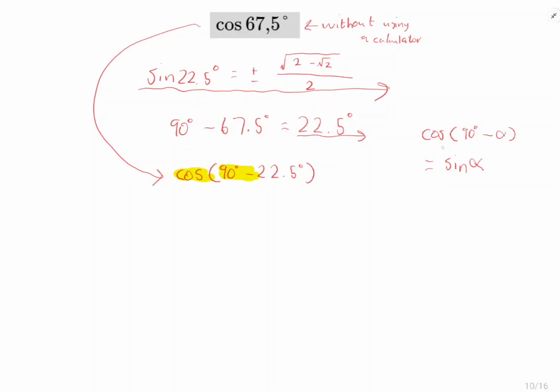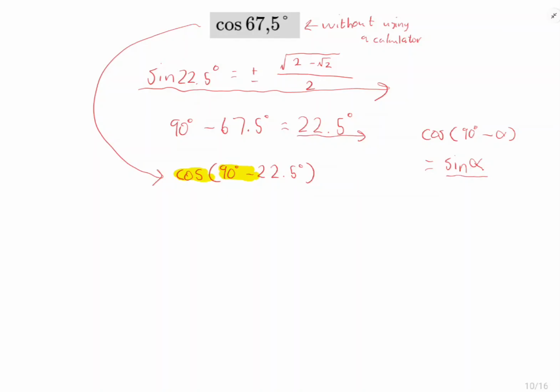It's essentially a reduction, but the cofunction type of reduction. I really hope you guys know your cofunctions. Otherwise, if I haven't made a video about it, I will do it. And if I did, I will link it in the description, right? Something you should know from grade 11, actually.